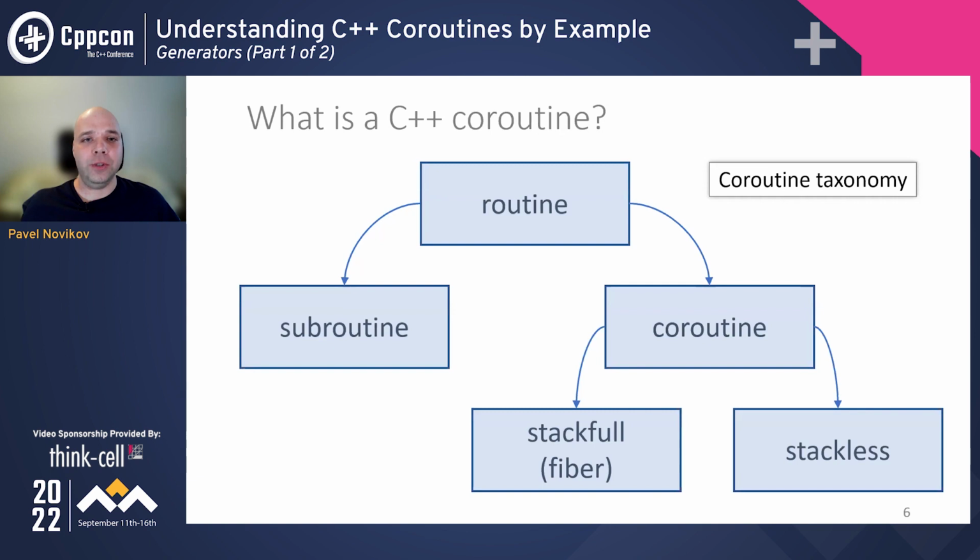Here's a little taxonomy of routines or programs. You can see that a coroutine is a sibling of a subroutine or subprogram. And we have two flavors of coroutines: stackful, which are very similar to what are called fibers, and stackless, which we got in C++20.